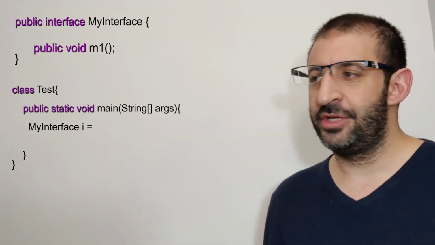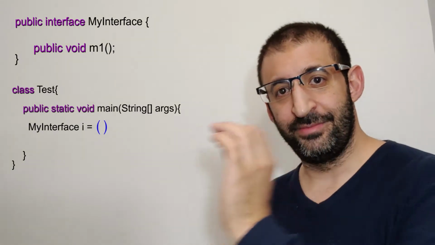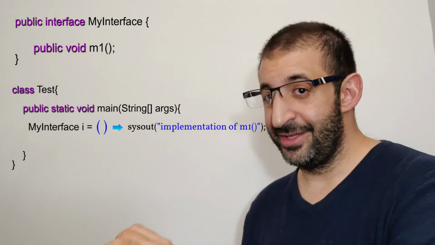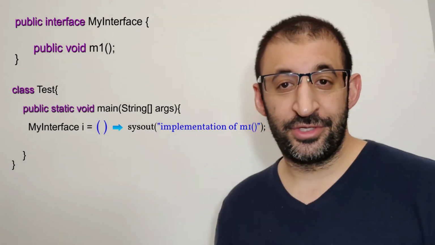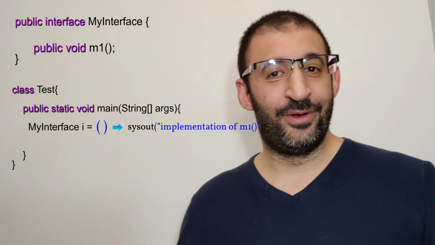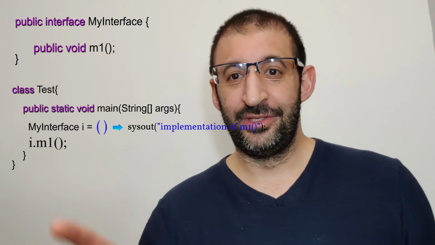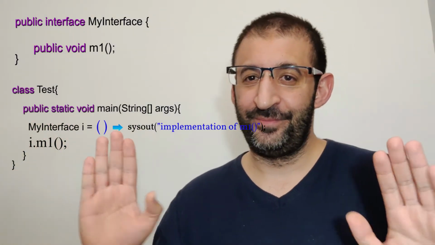So the Lambda expression will be like this: open parentheses, simple arrow, and directly system.out.println, the implementation of my method M1. And I will call this method with I.M1. Just like this. It's very simple.